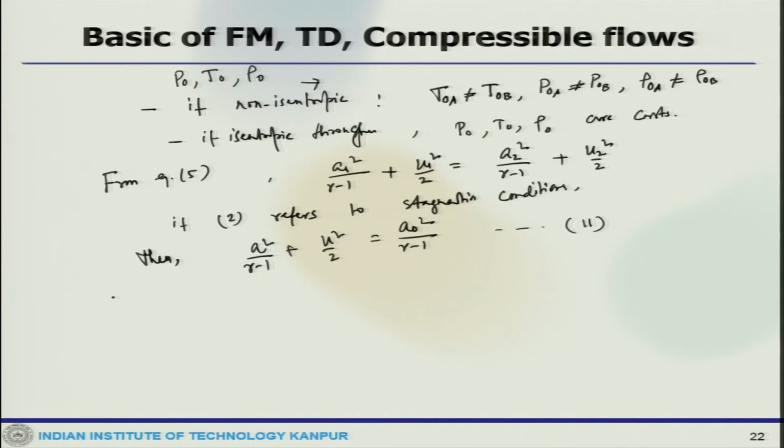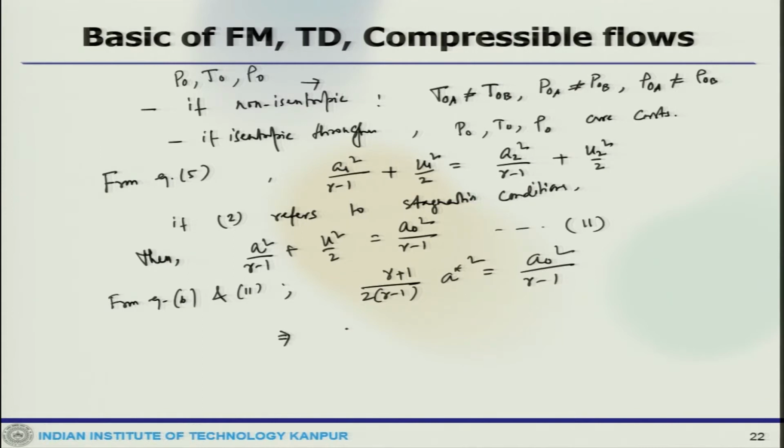Now, from equation 6 and 11 we get gamma plus 1 by 2 gamma minus 1 A star square equals A naught square by gamma minus 1.